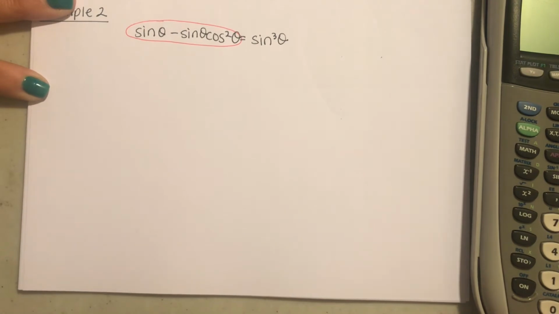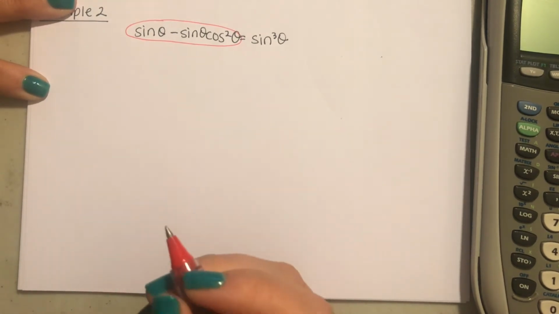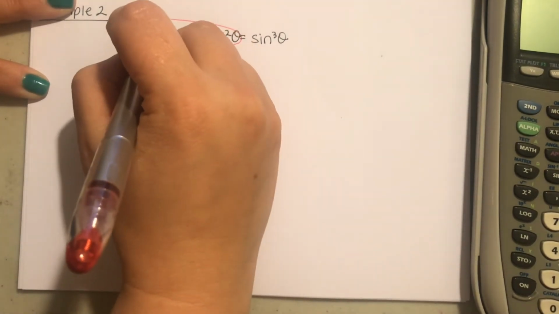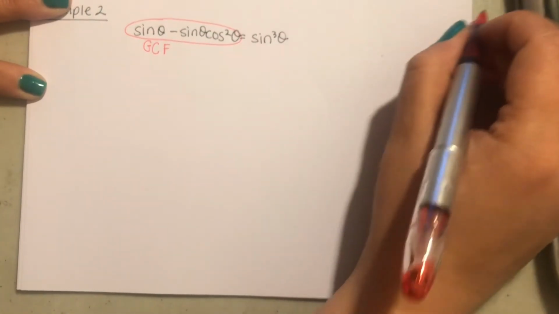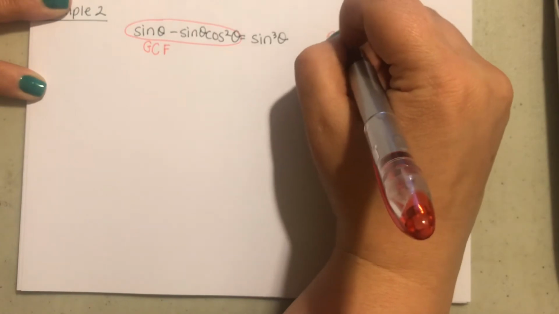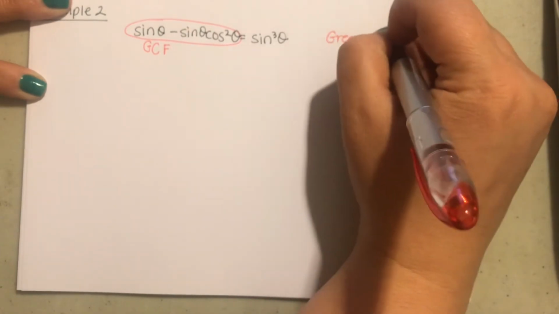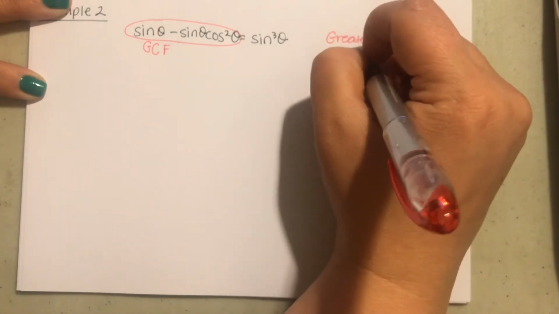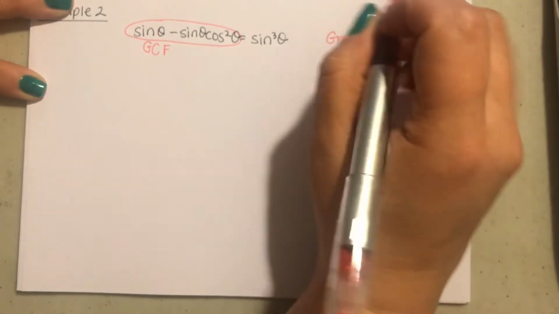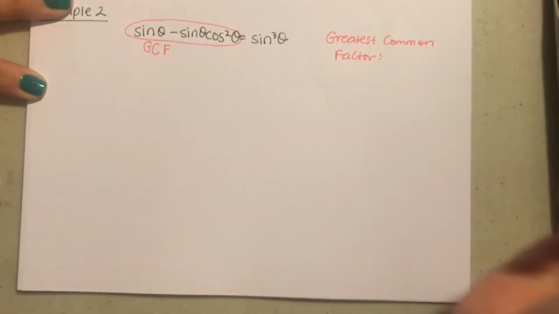And this is really similar to just algebra in general, right? So this is kind of asking, what is that GCF, or I'll write it off to the side here, greatest common factor.